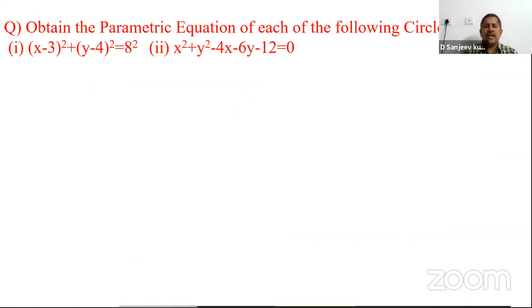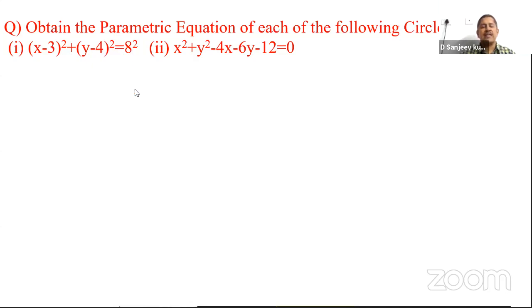Okay, so let us take an example based on the previous version. Obtain the parametric equation of each of the following circles. The first circle we have taken is x minus 3 whole square plus y minus 4 whole square is equal to r square.